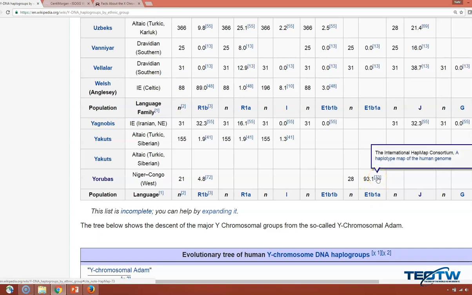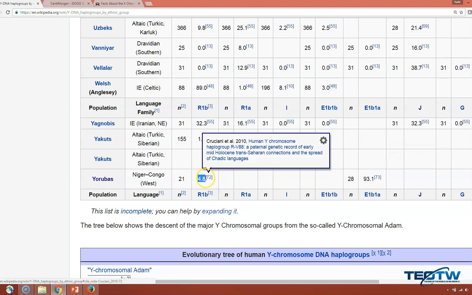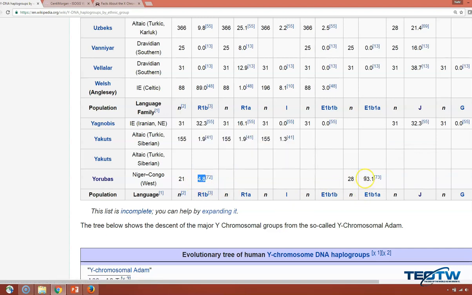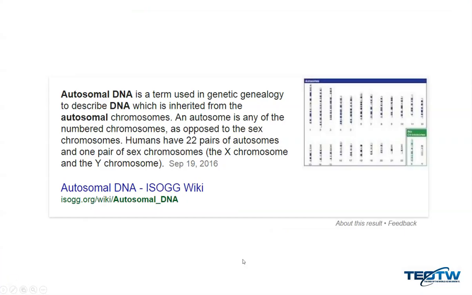Okay, so as I said, you can't really go by haplogroup to identify your genes, to identify your family lineage. So what is the best way to determine your family relationship? Okay, that's autosomal DNA testing, right?